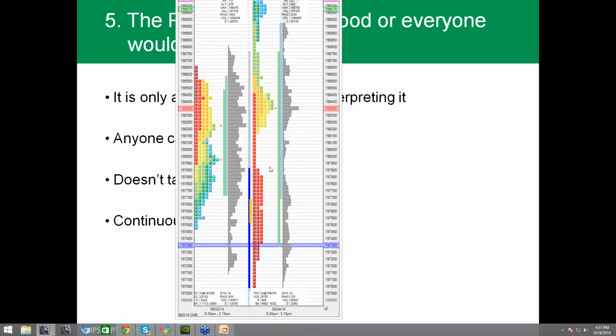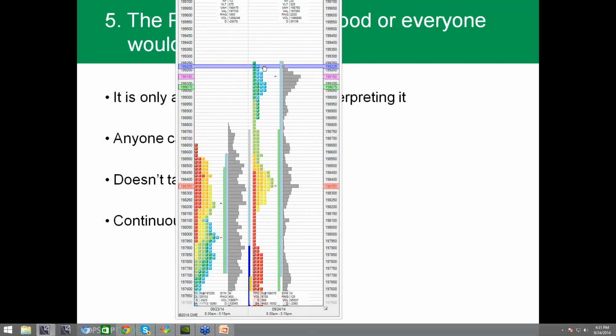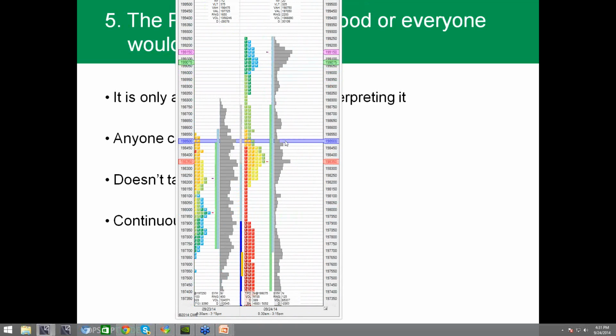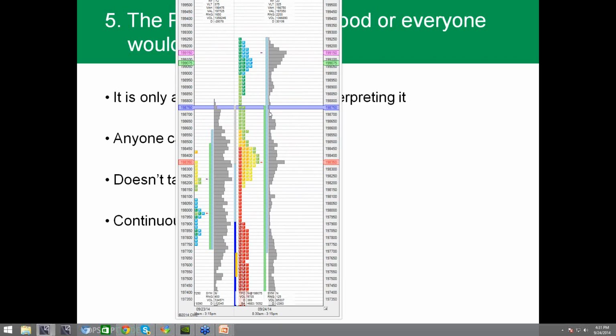The initial balance, the first drive higher, an area of balance, and the close. The high of volume value they have right up to the high of the day here. Okay, the TPO profile they have lagging here.